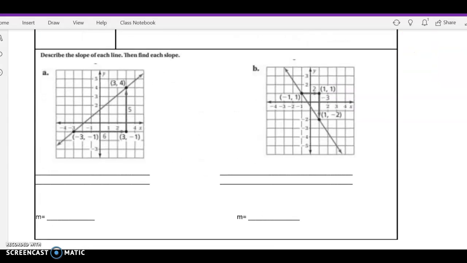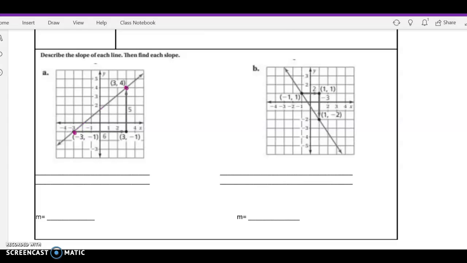And so here is a better example of that. It says describe the slope of each line and then find the slope. So we run from this point, and we're trying to get to this point. But we can't just count these, because if you look here, I don't know how much that is.